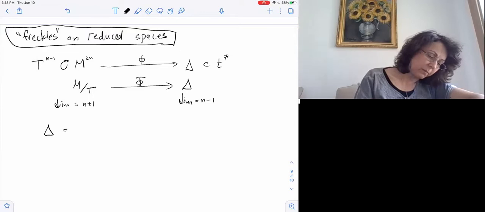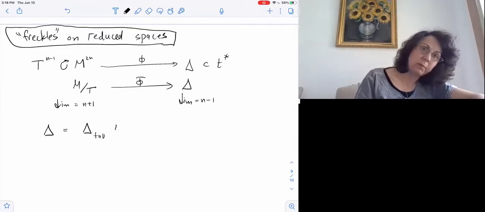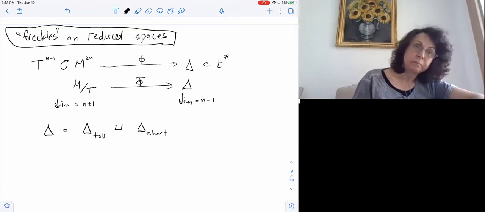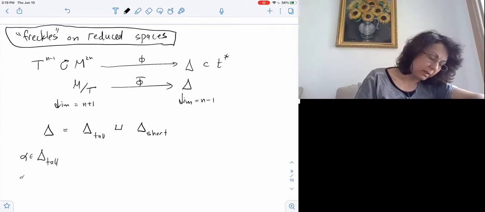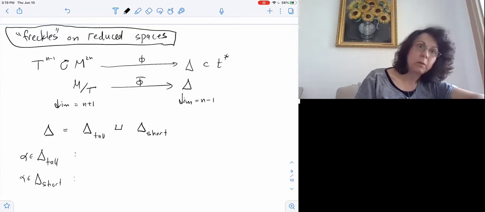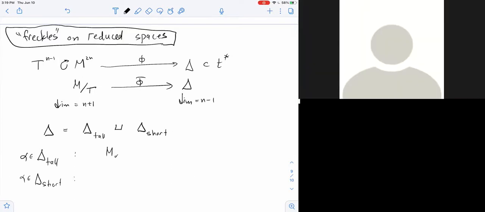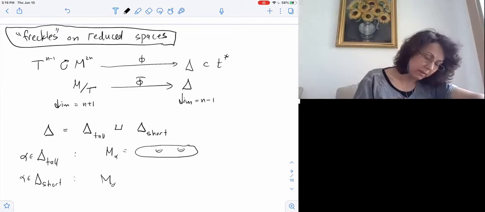So in fact, the momentum polytope can be decomposed as a disjoint union of what we call the tall pieces and what we call the short pieces. By definition, the tall guys are the points in the momentum image where the reduced space is two-dimensional. Topologically, it will be an oriented surface. And the short guys are when the reduced spaces are single points.